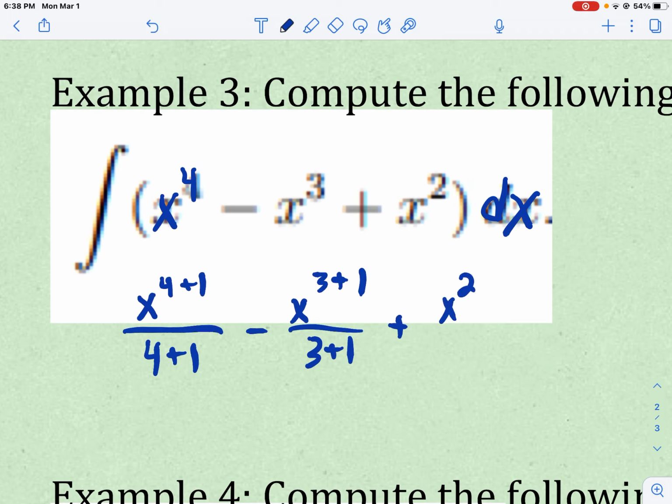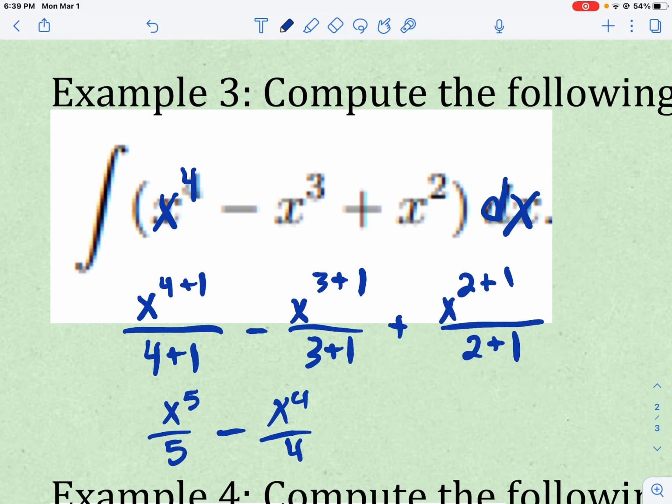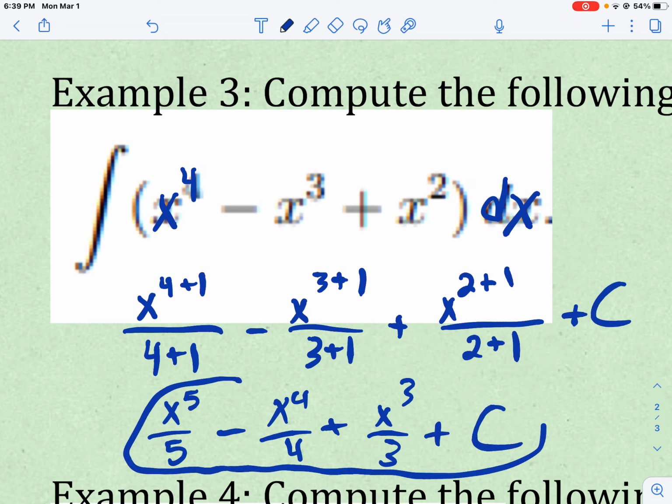Plus x squared, add 1 to the exponent, and divide by the exponent plus 1. So now I get x to the fifth over 5, minus x to the fourth over 4, plus x to the third over 3, plus c. Can't forget our old buddy, plus c.